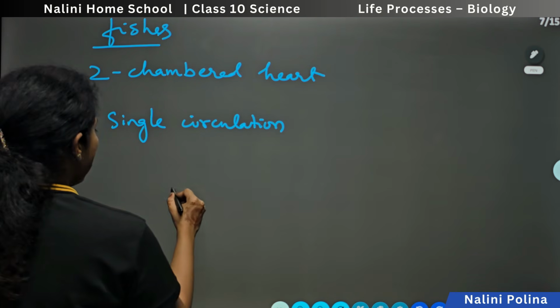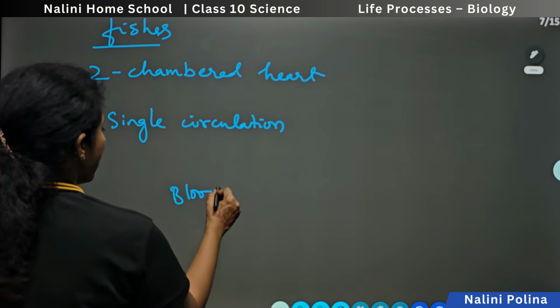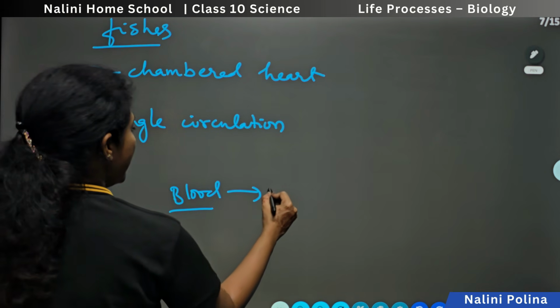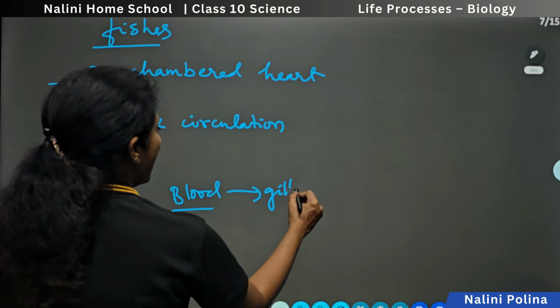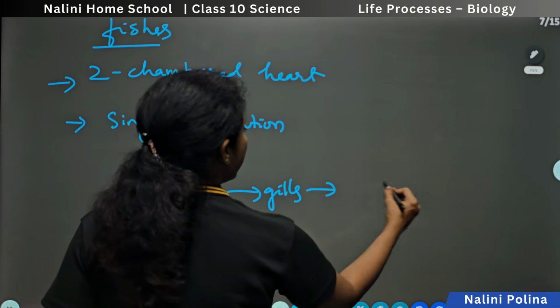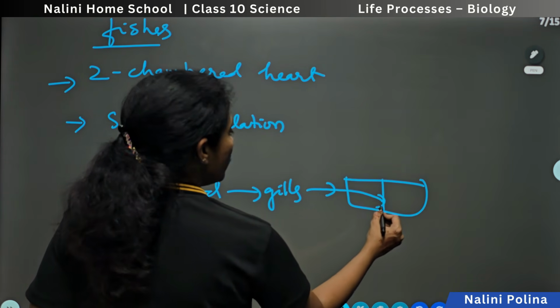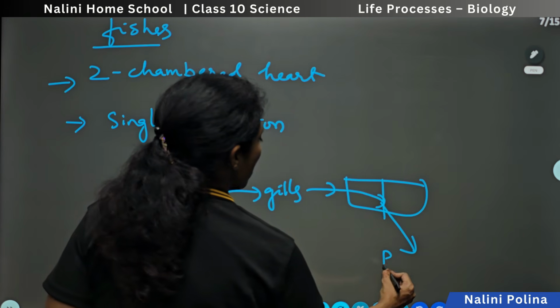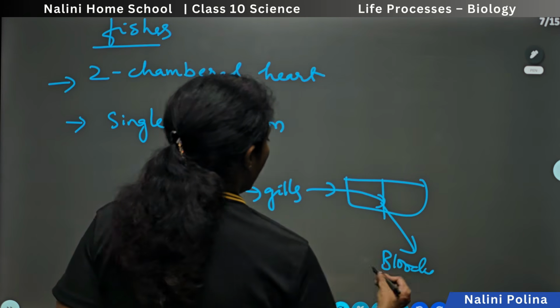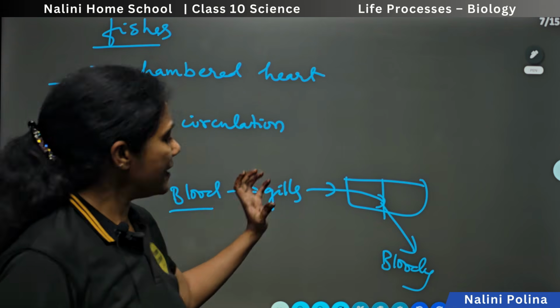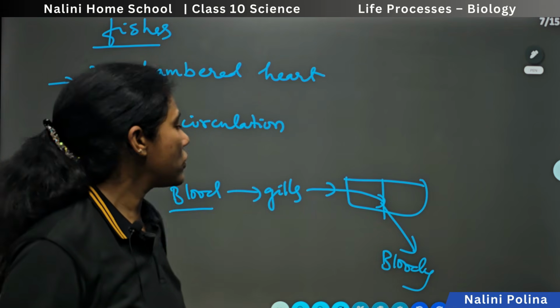The blood enters into the gills. Through the gills, oxygen enters the blood, and then the blood enters the chambers, and through the chambers it is flushed to the body. That's it. Only once is the blood entering the chambers of the heart here.